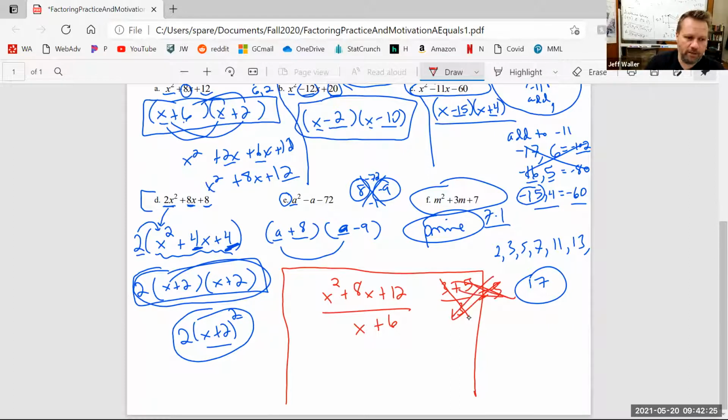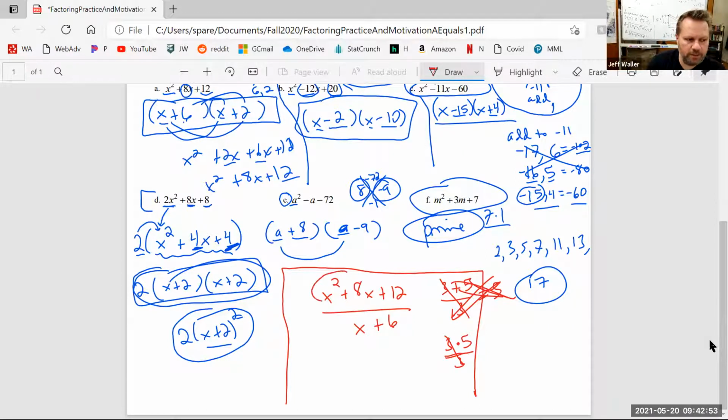So do you see how I can't just cancel an x or something weird to do 12 divided by 6, because there are all these pluses. But could I do this? What if I had 3 times 5 divided by 3? Could I cancel the 3's? Yes, all day. They can cancel because division kills multiplication.